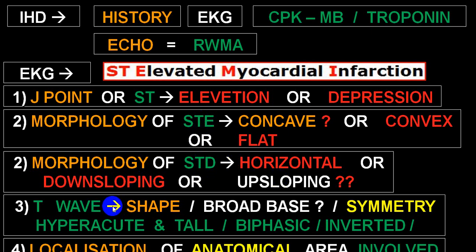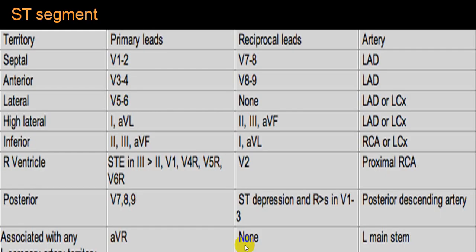In T wave, the shape, what type of shape it is, broad base, symmetrical, hyperacute, tall, biphasic, inverted, T wave alternans, etc. And just try to identify how many leads are being involved to localize the anatomical area. This is a chart which shows you the ST segment elevation and localization.